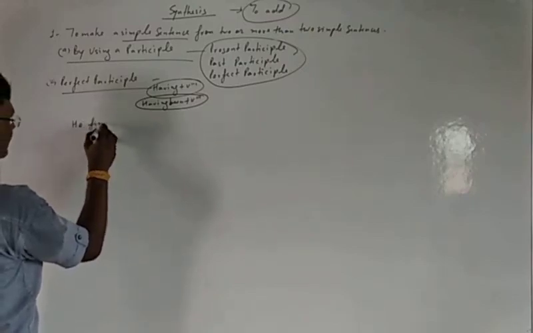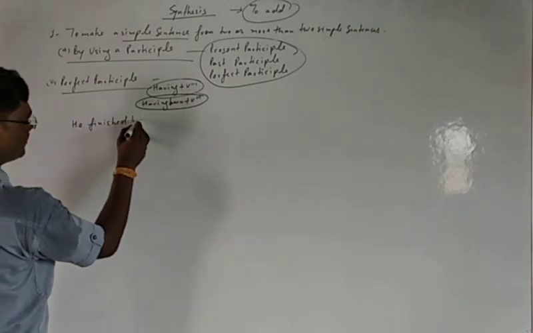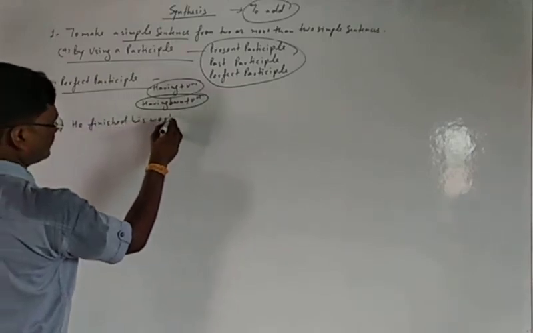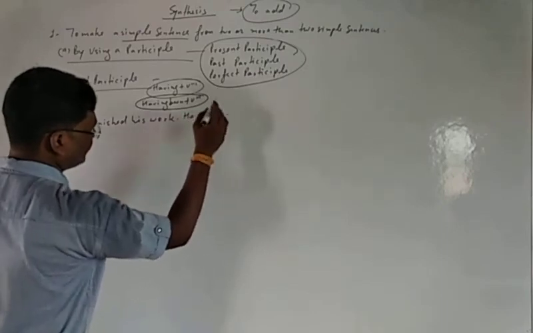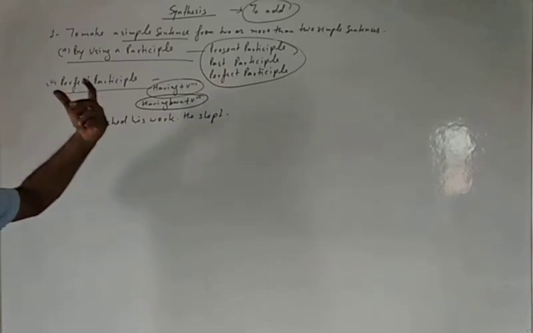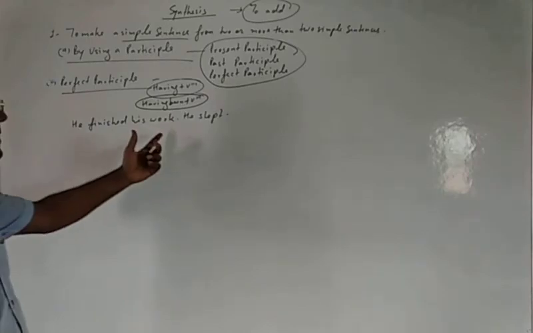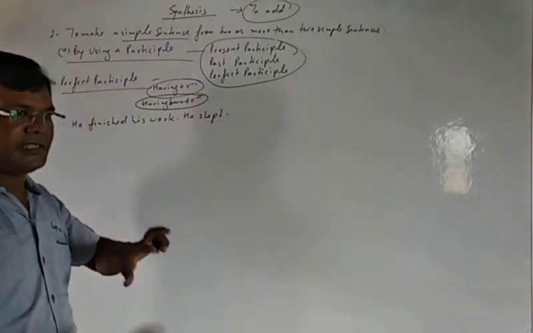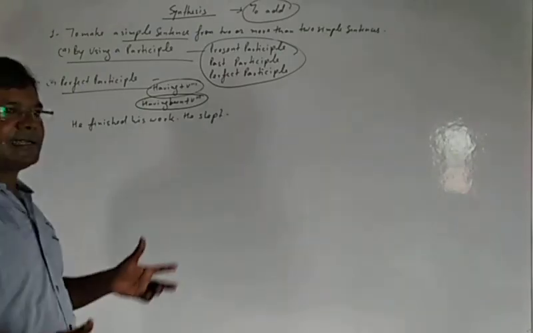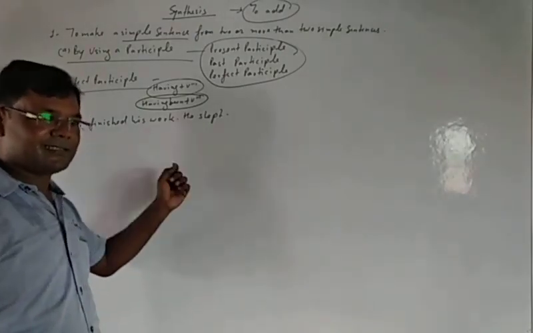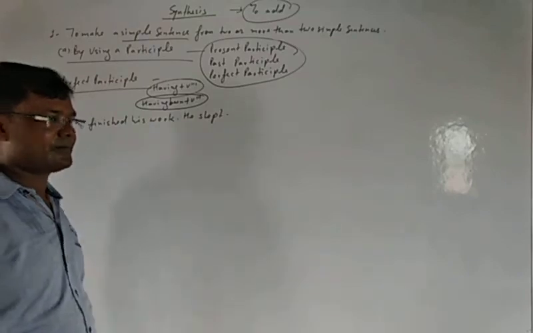He finished his work. He slept. He finished his work. He slept. It is not necessary that before finishing his work he slept. He can finish his work easily and then he can take some rest and then he will go to sleep.